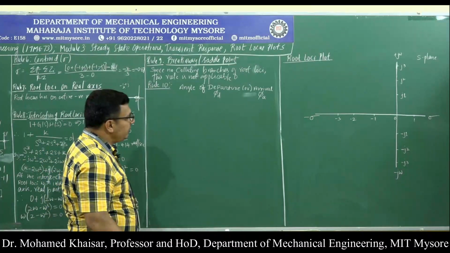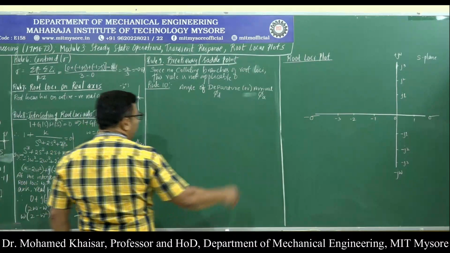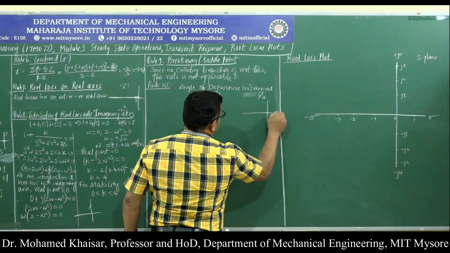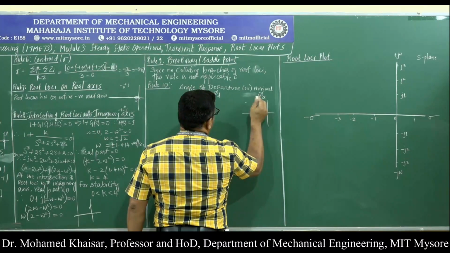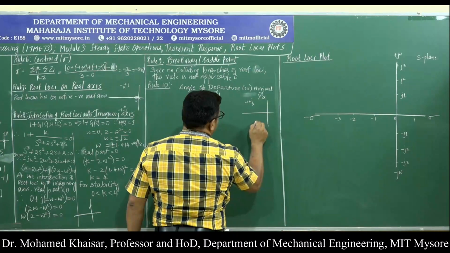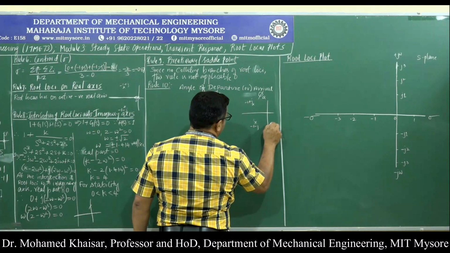Now the procedure to find the angle of departure is as follows. We have two complex poles for us. One is here at -1 plus j, the other is here at -1 minus j.